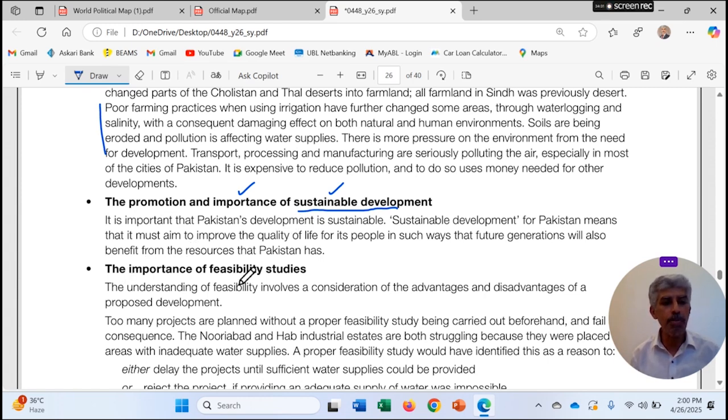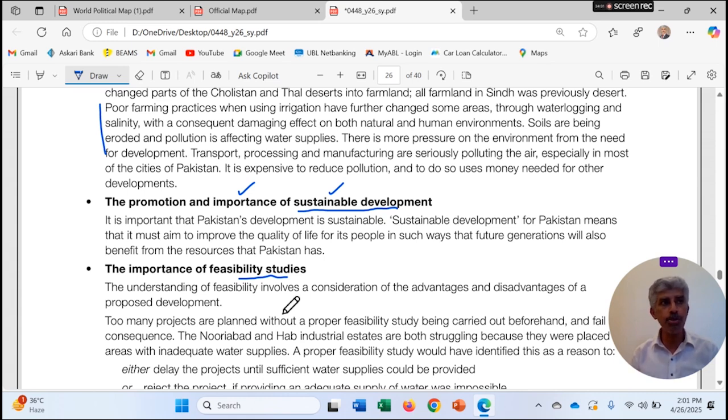The importance of feasibility studies. How feasible are the development projects in Pakistan? How feasible is it to make the environment sustainable? How feasible is it to manage the water sources of Pakistan? How feasible is it to protect the forests and discourage deforestation in Pakistan? How feasible is it to have sustainable mining in Pakistan?